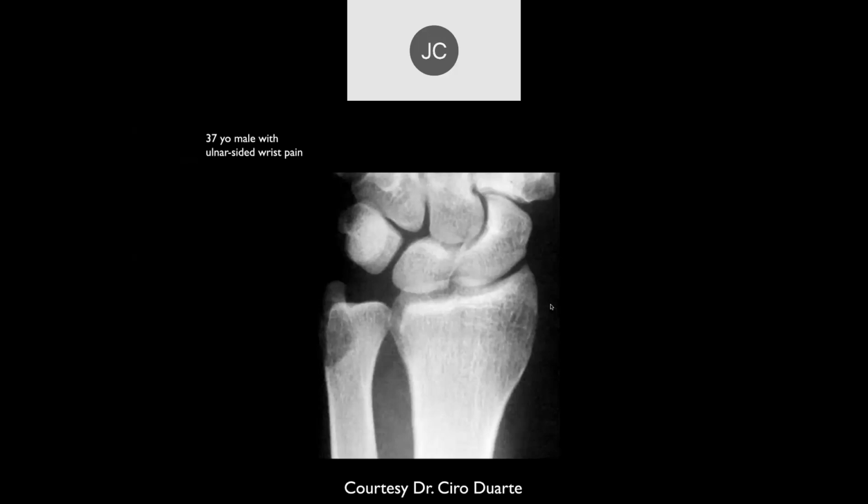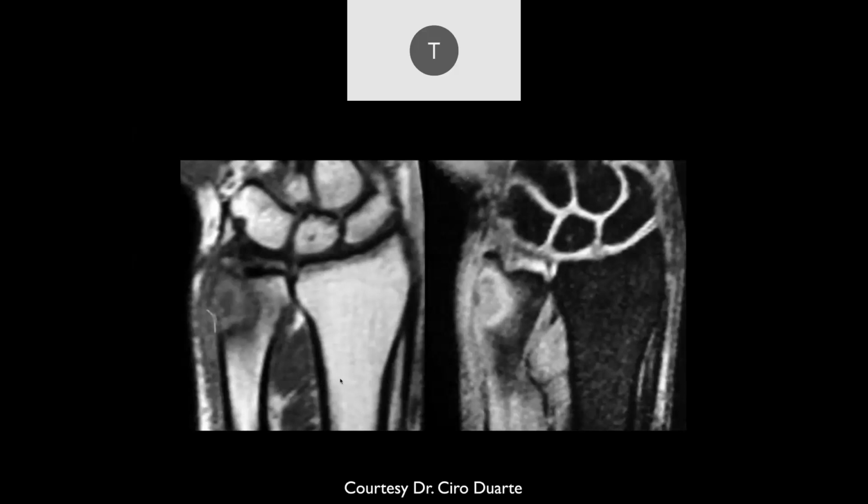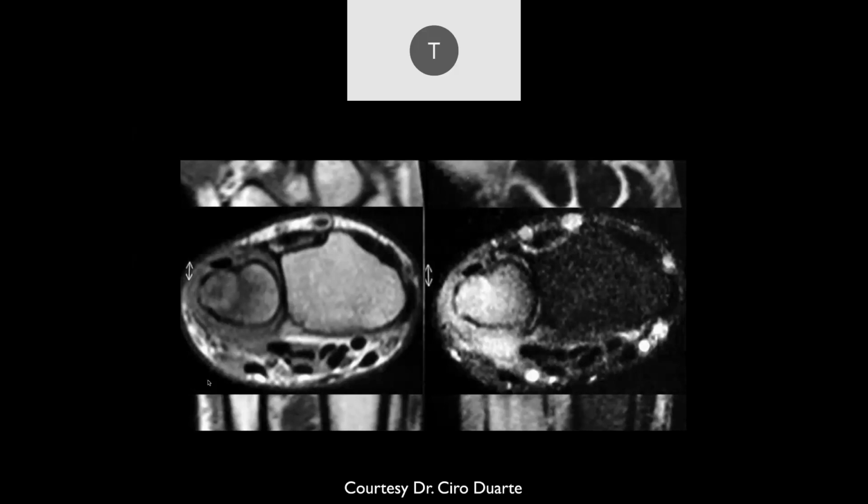Okay, Tayson. All right, 37-year-old male with ulnar-sided wrist pain. So there's a lucency over the distal ulnar styloid. It looks like a lot of destructive change to the distal ulna and synovial thickening and soft tissue thickening extending into the subcutaneous tissues.